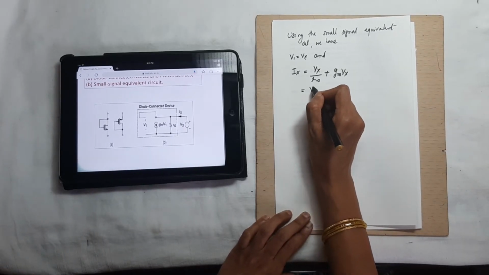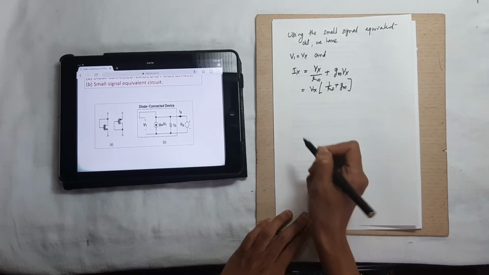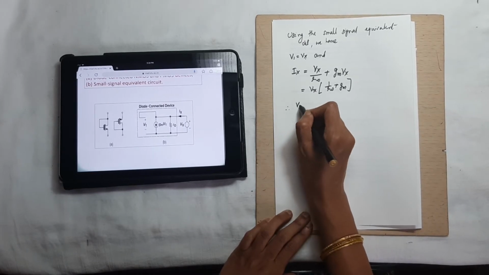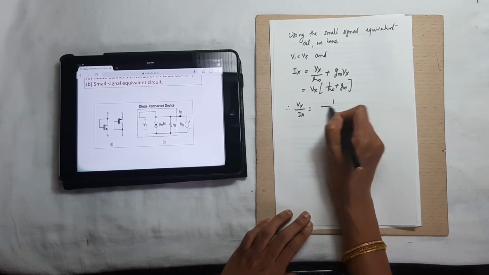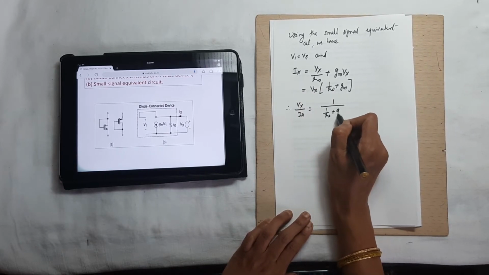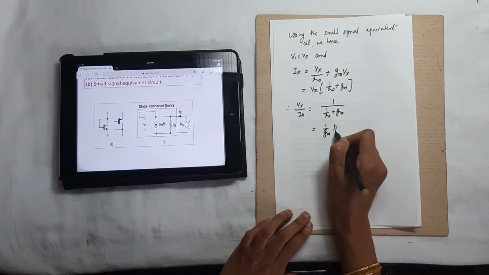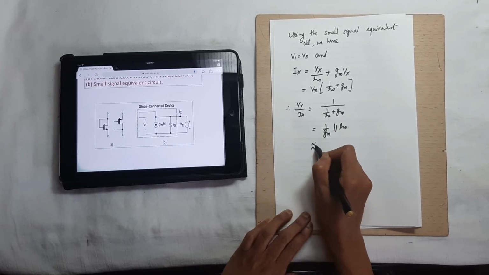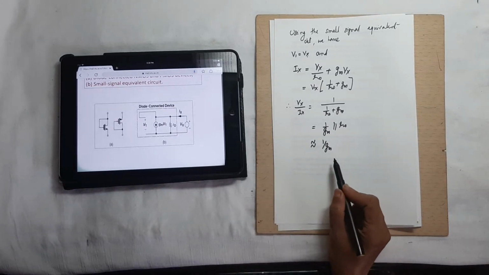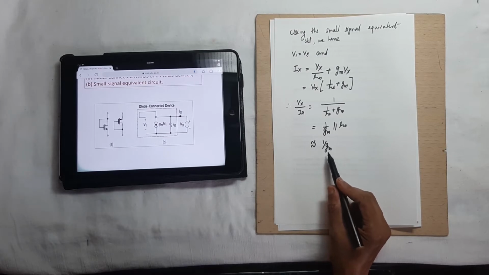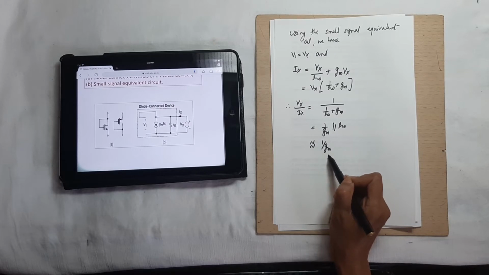This can be written as Vx times (1/R0 + gm), or Vx by Ix is equal to 1 upon (1/R0 + gm). This expression can be represented as 1/gm parallel to R0, which is approximately 1/gm. So the impedance of the diode connected transistor is equal to 1/gm.